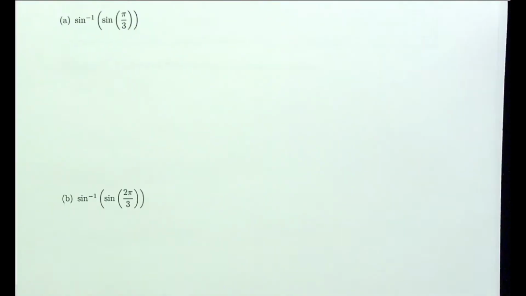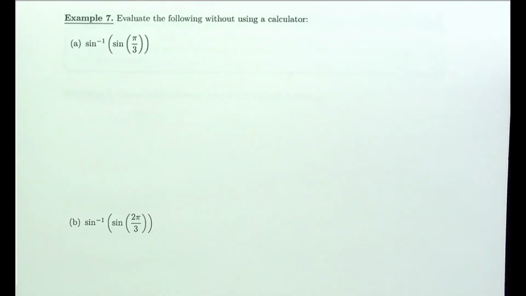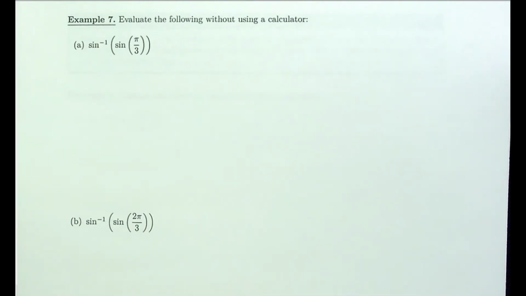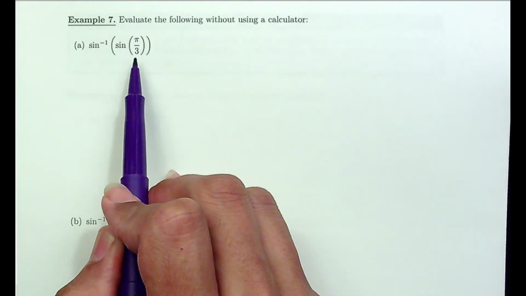Okay, I have a few more examples right here. Let's do another one. So this one says, evaluate sine inverse of sine of pi over 3. Okay, first of all, under ideal circumstances, sine inverse and sine would cancel each other off. And that will happen if this is in the right place.